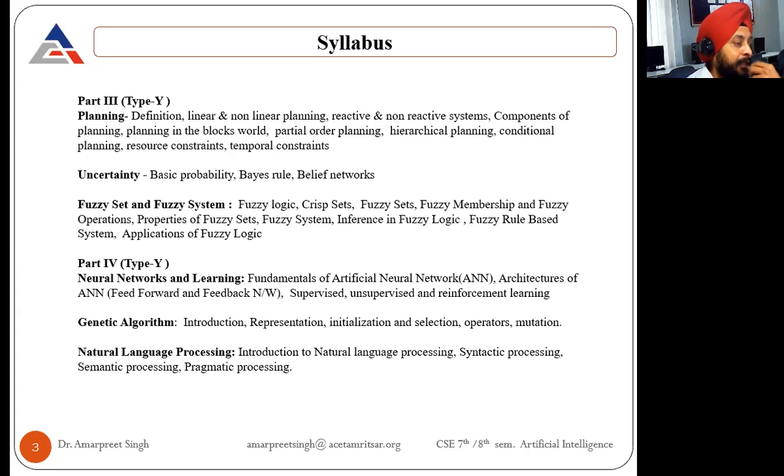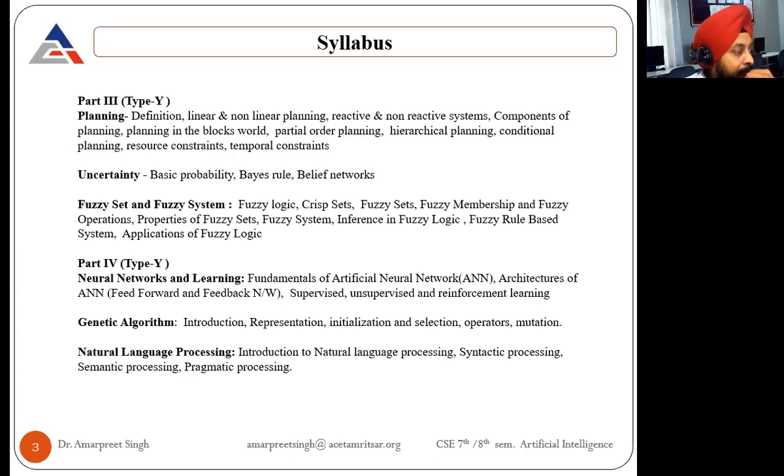We will be studying the biological human brain, nervous system, and we will see how we can implement the working of the human brain in a machine, or the AI machine, and how we will develop that brain network in that particular machine, and that network will be known as artificial neural network.